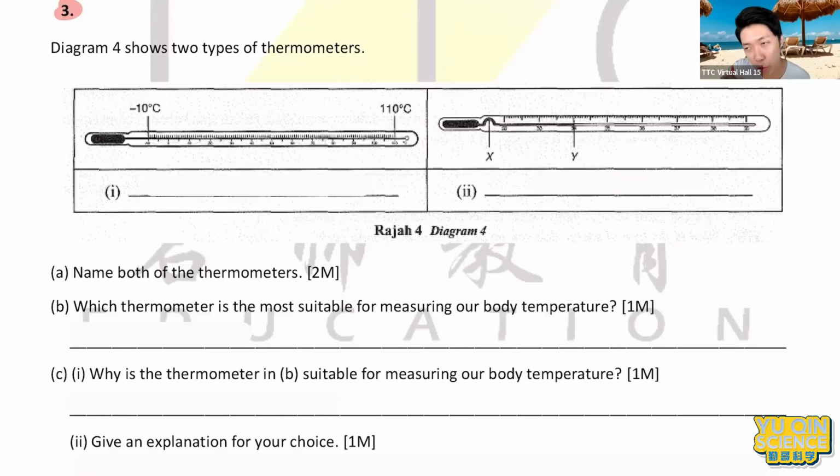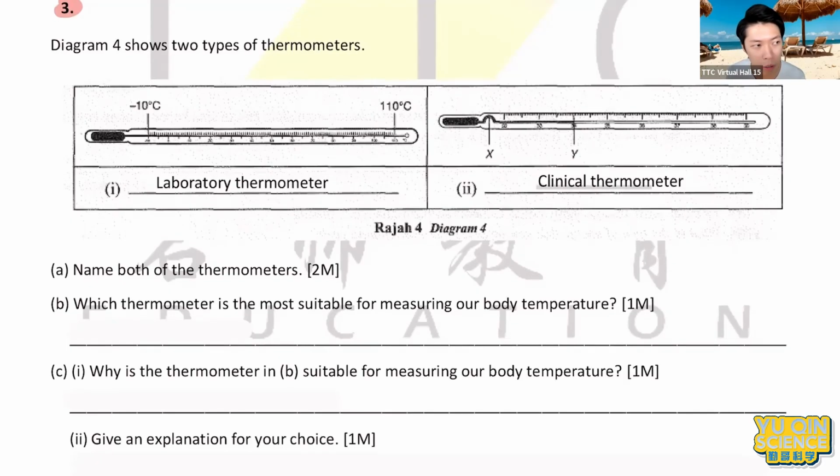From your mouth to the doctor's eyes, there's a distance, so the mercury might drop too fast. So the kink is to let it take a longer time to fall back. Here you can see negative 10 to 110. It's a longer range. That must be your laboratory thermometer. And the one with the kink is called the clinical thermometer, everybody.